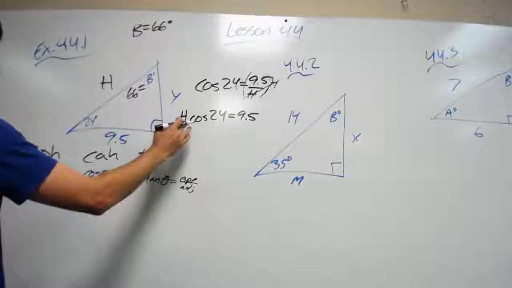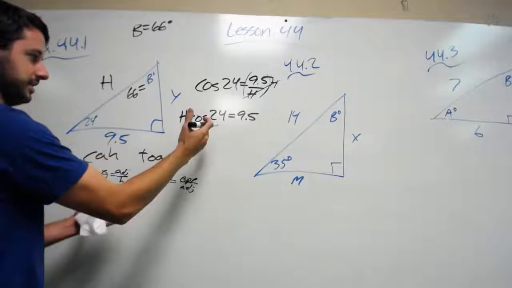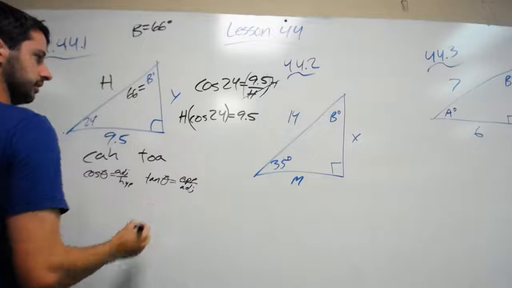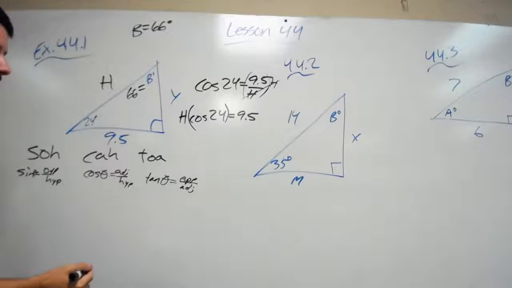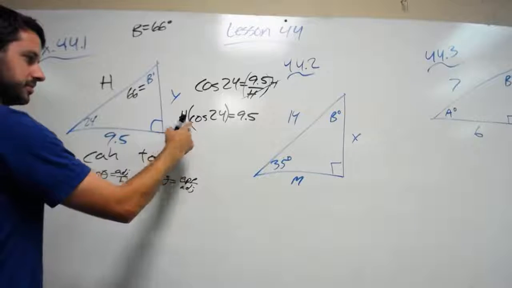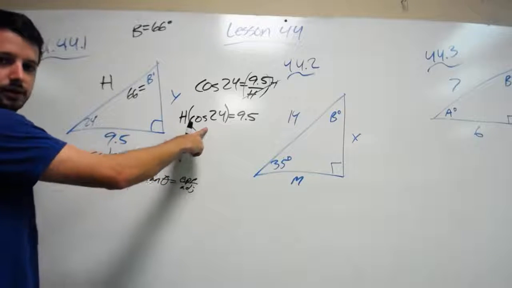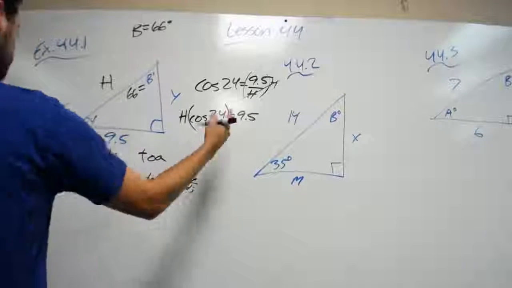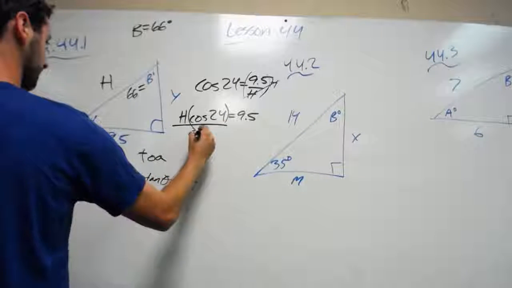Now cosine 24 is its own identity, so I'm going to put it in parentheses. So right now it's like saying h times cosine of 24. So we can do the opposite of multiplication and divide by cosine of 24.